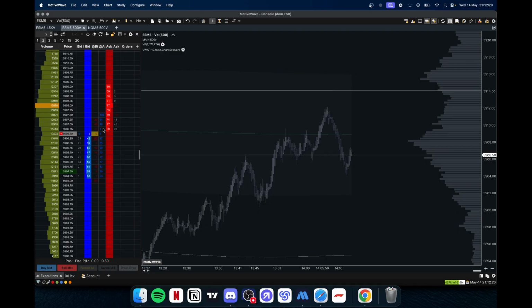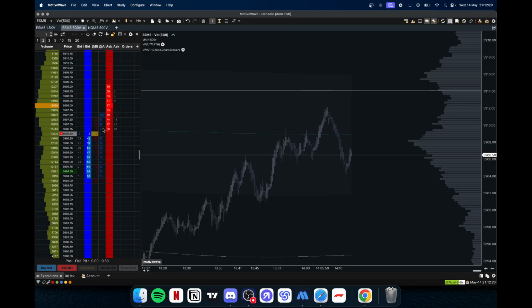I look to take shorts right here pretty much. I want to get another confirmation of a seller stepping in. I simply wouldn't take it. This is a good sign right here, especially if a seller steps in. A very good sign. Buyers at the top right here would be getting trapped.